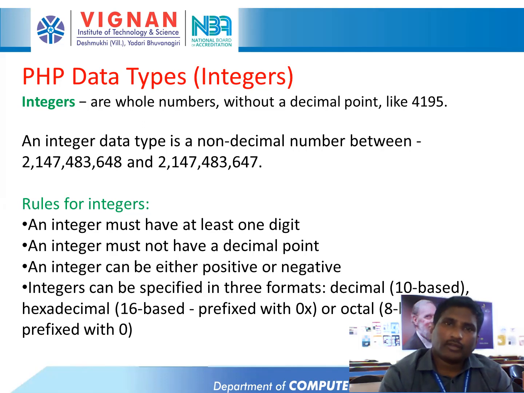A hexadecimal value is a base 16 number and should be preceded by 0x, that is 0x followed by some hexadecimal number. An octal is preceded by 0, followed by any number in the octal system, a combination of 0 to 7. In this way, integers can be declared in PHP.